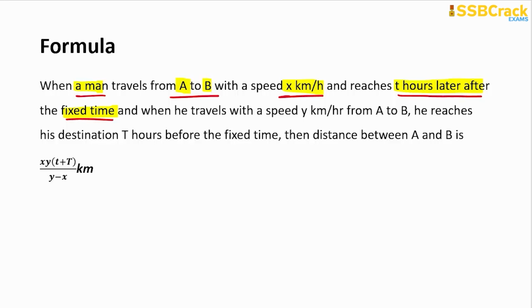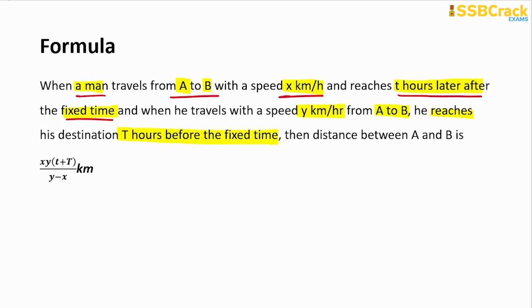Alright, and now when he is traveling with another speed, that is y km/h speed, from the same point A to B, suppose instead of x km/h, the man travels with the speed of y km/h from A to B, then he reaches his destination capital T hours before the fixed time. Capital T hours before the fixed time.